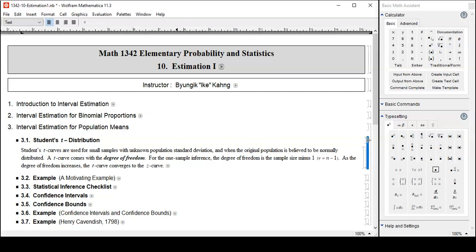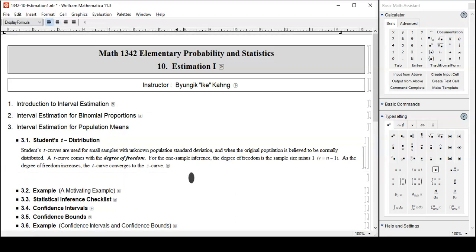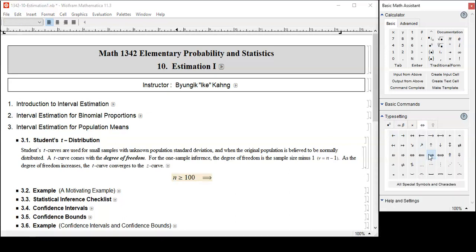Typically for means, 100 or more. So n is 100 or more typically, then you can use normal. Z-curve and Z-table.